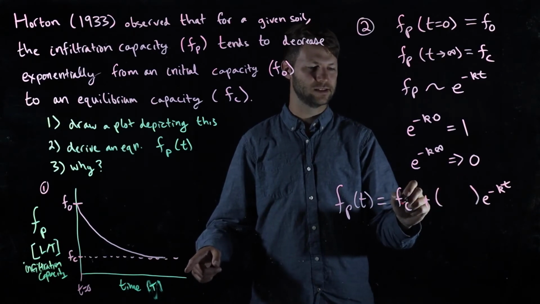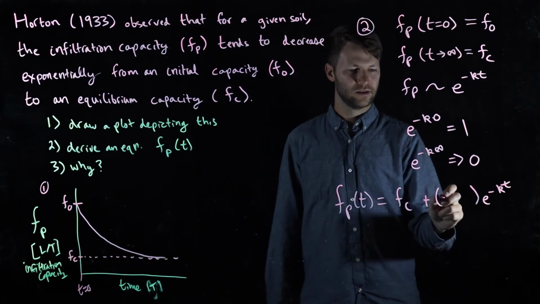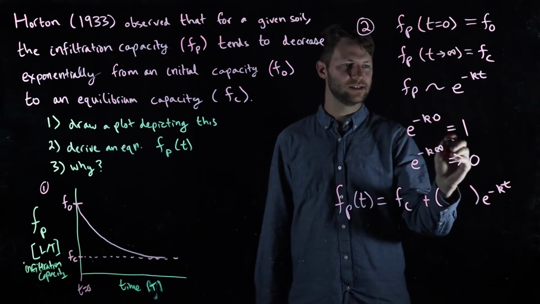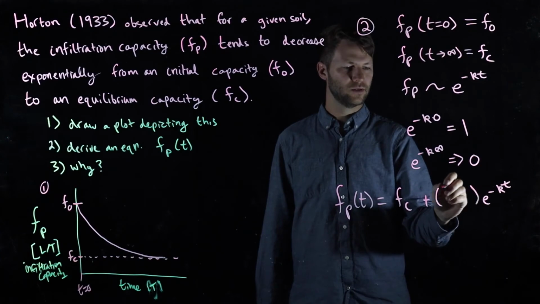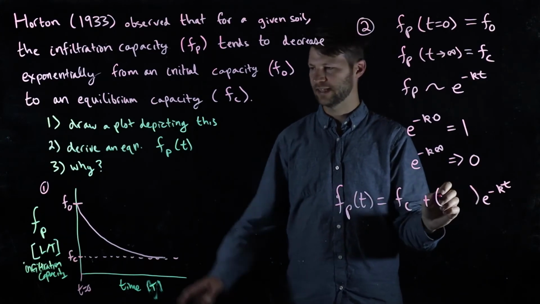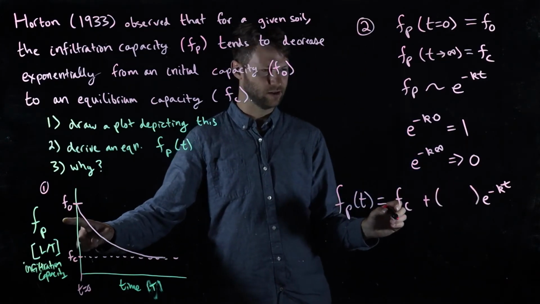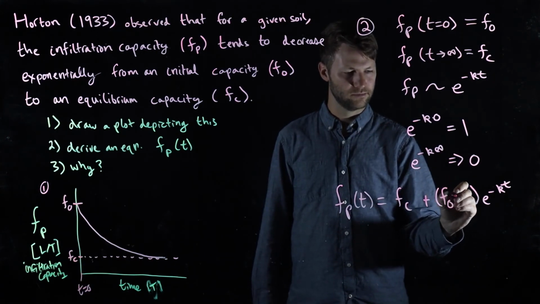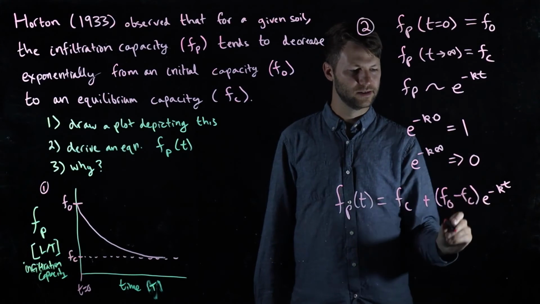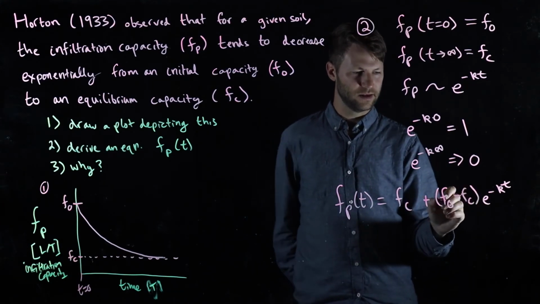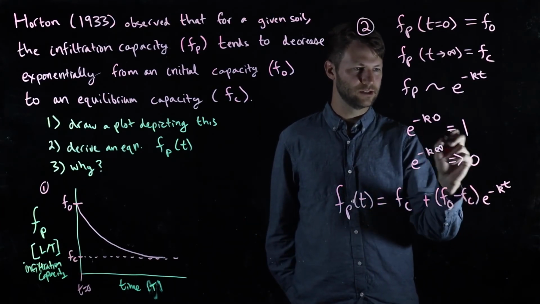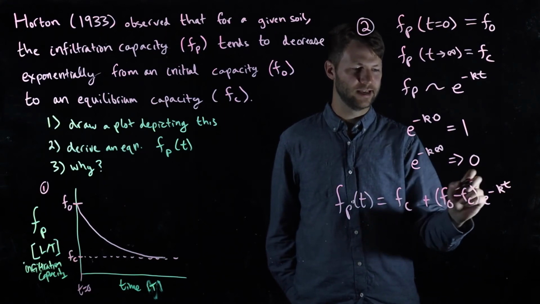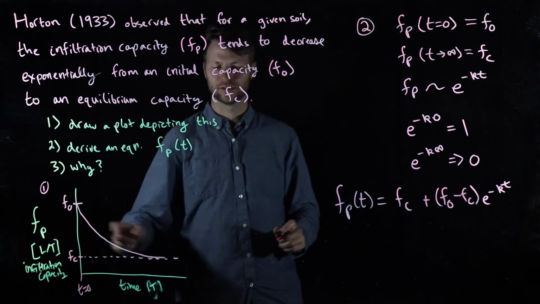This is going to be the only thing left. What I need to do now is figure out at 0, when time is 0 and this is equal to 1, what do I need to put in here to make this entire expression equal to F sub 0? Well, I can just do something like this, F sub 0 minus F sub c. And if I do that, at time equals 0, this part's 1, so you're just multiplying by 1. You're going to cancel out those two F sub c's and the equation is going to behave.